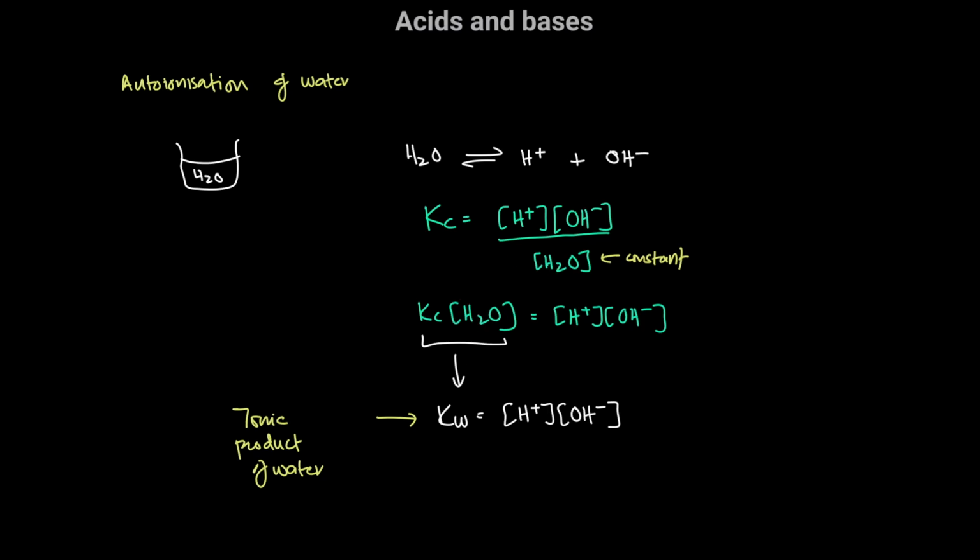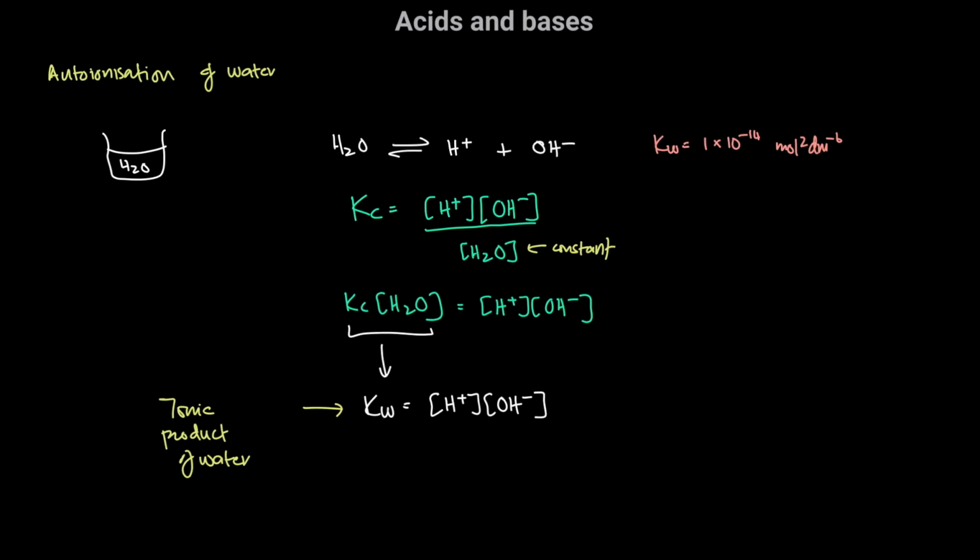We call this Kw. Now at 25 degrees Celsius, Kw is equal to 1 times 10 to the power of negative 14 mole squared dm to the power of negative 6. The units for Kw are simply concentration times concentration, so that would be mole squared per dm to the power of 6.